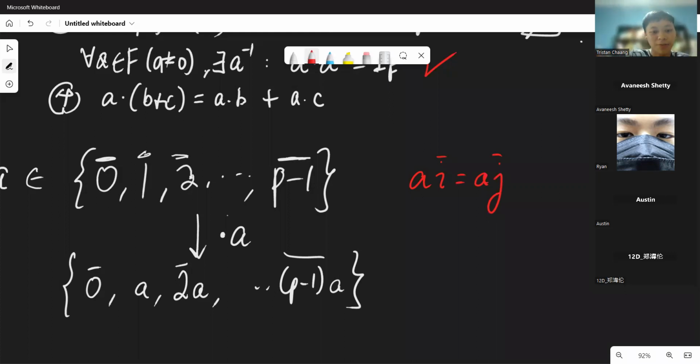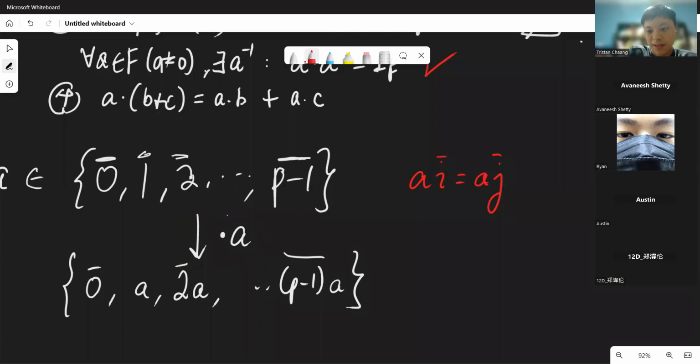So basically, I want to prove that this map is injective. If it is injective, then we're done. Because it's injective on a finite set, that means it must be bijective, right? You don't even have to show that it's surjective anymore, because injective, same size, means bijective.